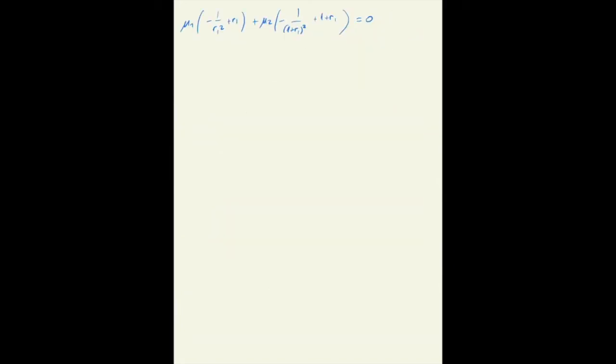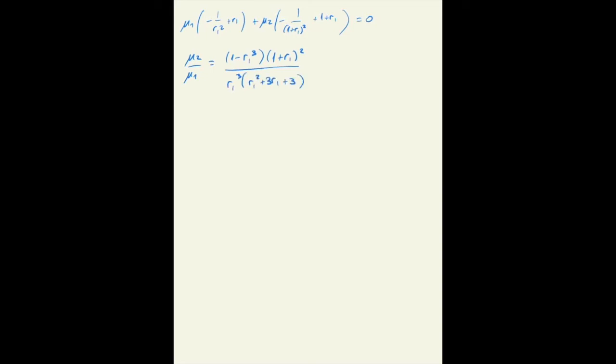Doing the same thing we did before, let's put everything under the same denominator. Then mu2 over mu1 is going to be equal to 1 minus R1 cubed times (1 plus R1 squared) over R1 cubed times (R1 squared plus 3R1 plus 3).